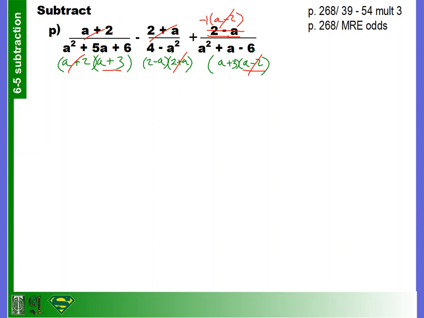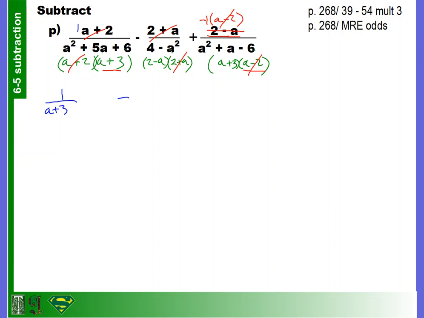So I'm going to rewrite the 3 fractions, but this time I'm going to rewrite them with a little extra space. That little extra space is important and necessary. You'll see why in a moment. So we have, well, this is just a 1, right? So we have 1 over a plus 3. And I'm going to leave some space, and then we have the minus sign.